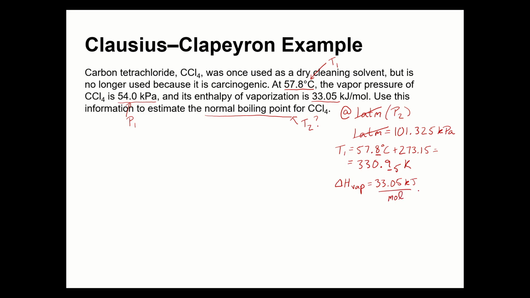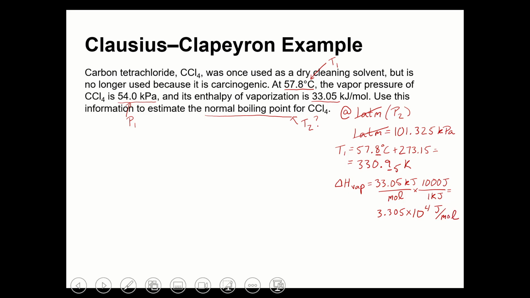And because of the prefix kilo, we know that there are 1,000 joules in 1 kilojoule. Okay, so our enthalpy of vaporization value should be 3.305 times 10 raised to the 4th power. And that is in joules per mole.